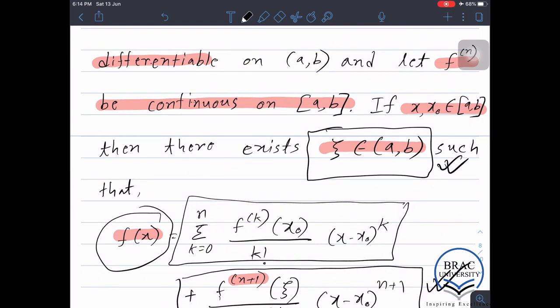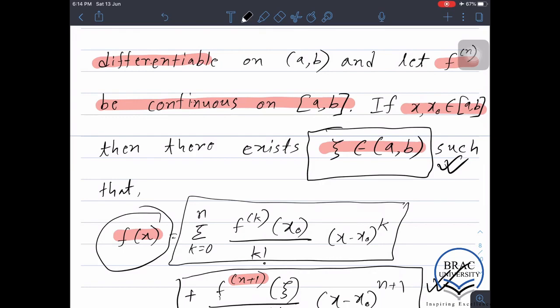This is for sure. And if this is true, then you can find the upper bound of your error. So if my xi is in between a to b, what can be the maximum value of my error? And if you can find that out, then you can say, my predicted value by the polynomial is correct up to plus minus this number.